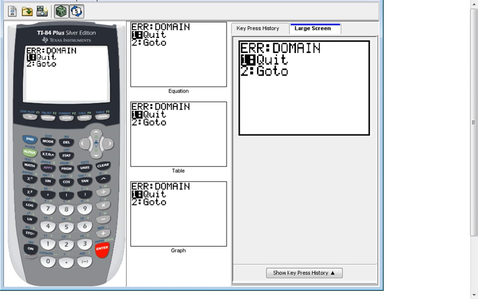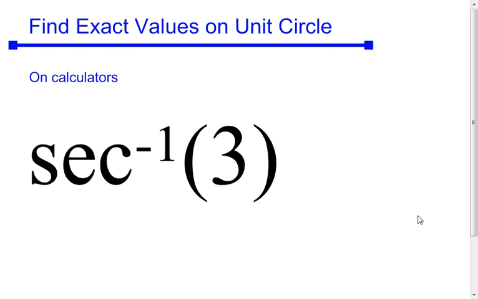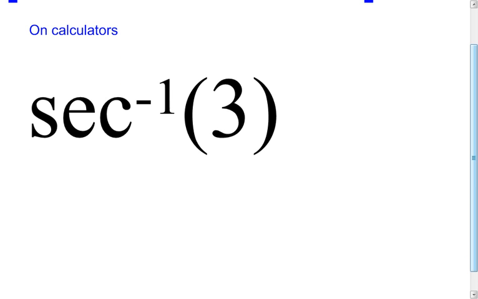Okay? You can't enter them in that way. You can't do 1 divided by and use the reciprocals quite like that. You have to use the little trick that I taught you earlier. You know that this is asking you to figure out where secant at some spot on the unit circle is 3. And so I can use the reciprocals, but I have to get it into cosine first.